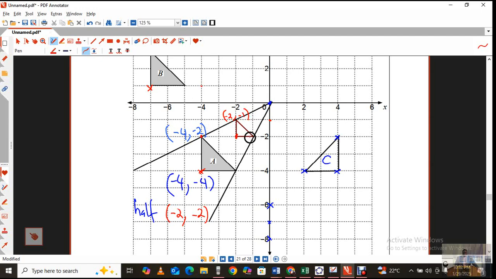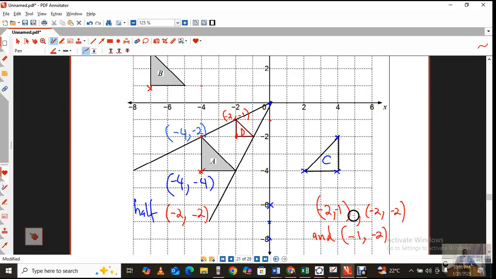Once you have the points, then you plot the points and you draw that. It's as simple as that. You are supposed to label it D. So my coordinate points will be -2, comma -2, and the other one I was saying will be -1, comma -2.